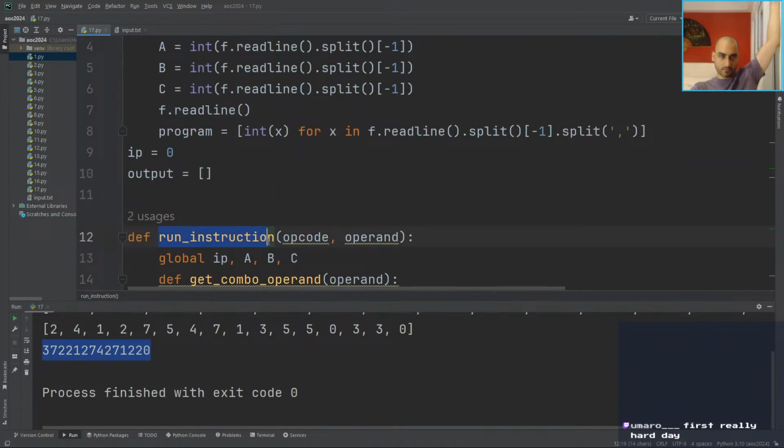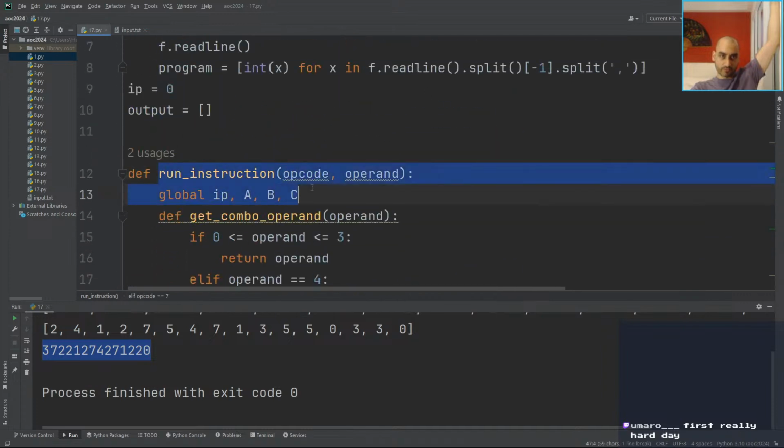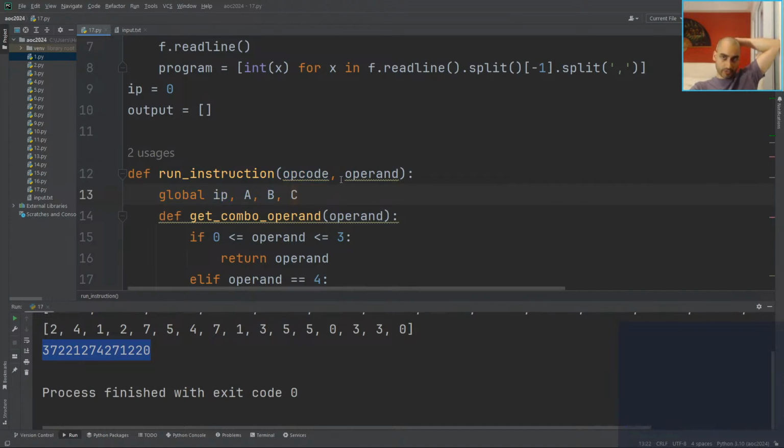So we would actually just have to modify run. We don't have a run program method. I should have made a run program method, and that can take in a program. That would make more sense.